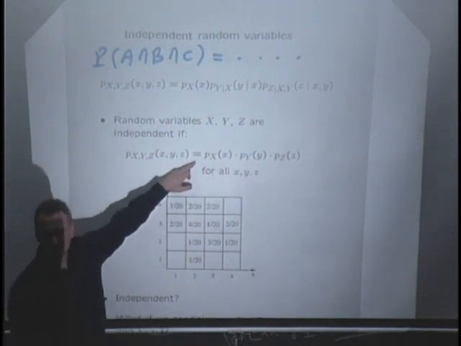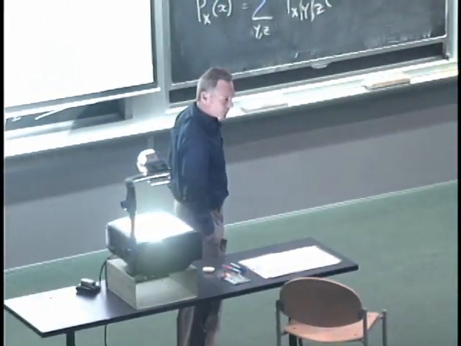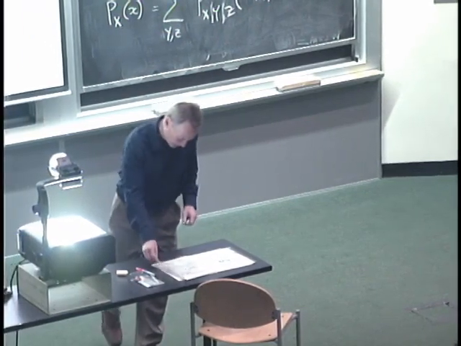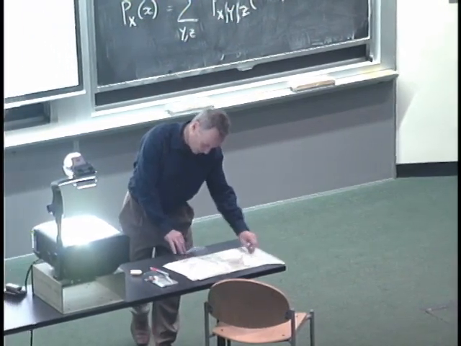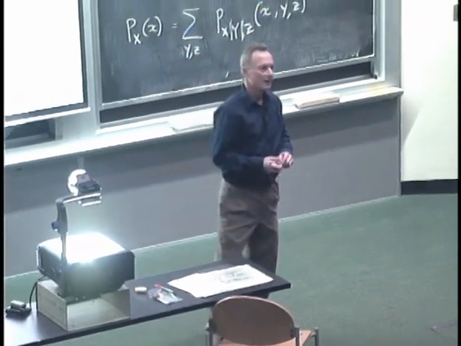So in some sense, this is a bunch of conditions that are being put on the joint PMF, a bunch of conditions that we need to check. So this is the mathematical definition. What is the intuitive content of this definition? The intuitive content is the same as for events.